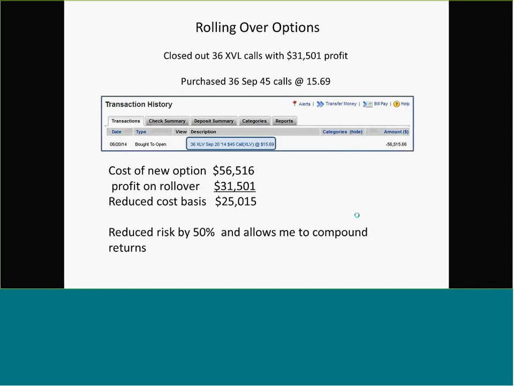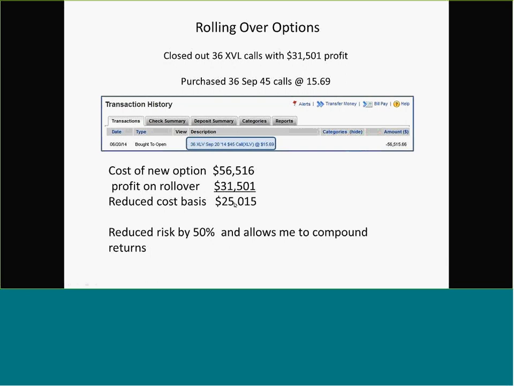When I closed out the June options, I had total profits after commission of $31,501. So closing out the June options, I had a $31,000 profit, and then the cost of the September options was $56,000. So when I rolled over, it reduced my total risk from $56,500 to $25,000.